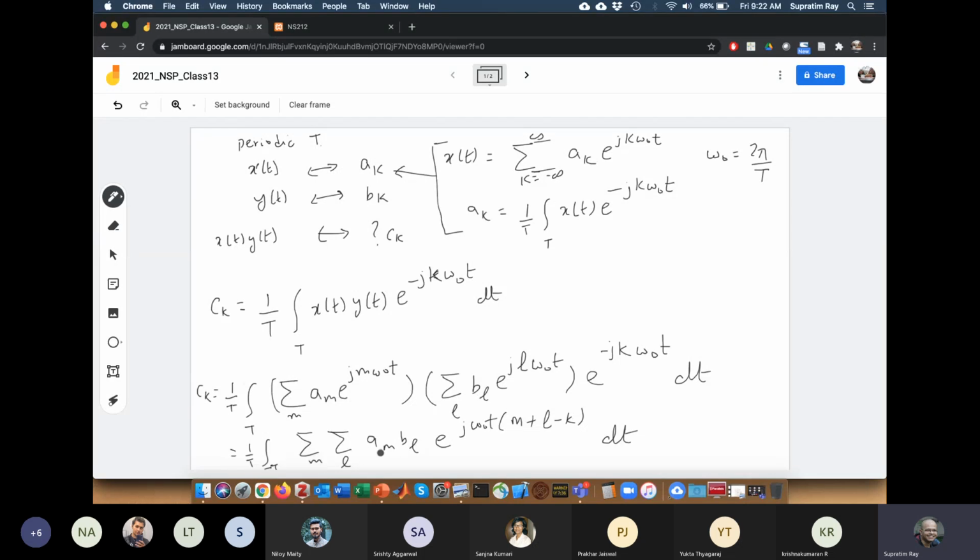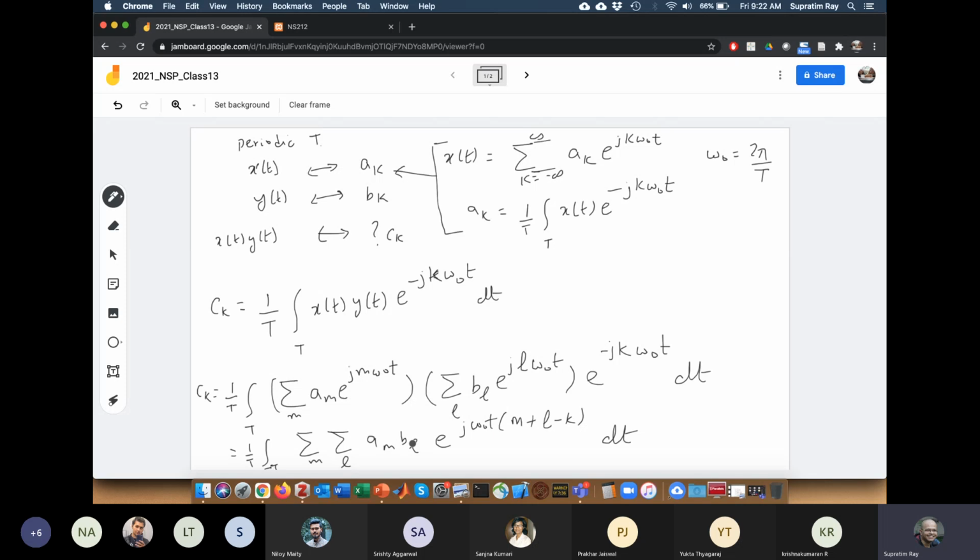So here, even though it looks quite complicated, see, this integral is over t, and a_m and b_l are independent of t. The t is only sitting here.